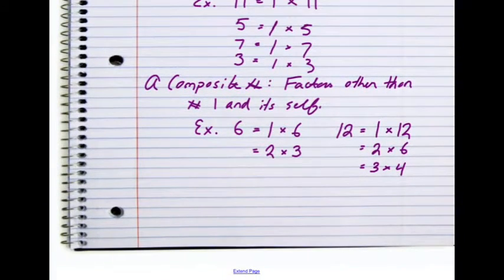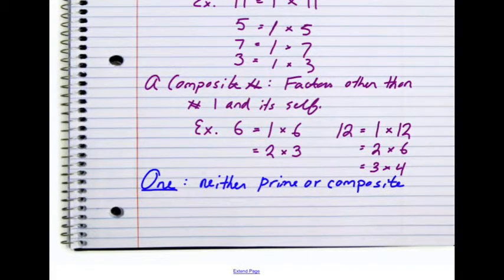2 quick side notes. The number 1 is neither prime or composite, and that's because 1 only has a single factor, and that's itself, which is the number 1.